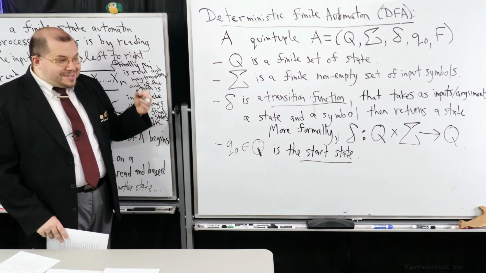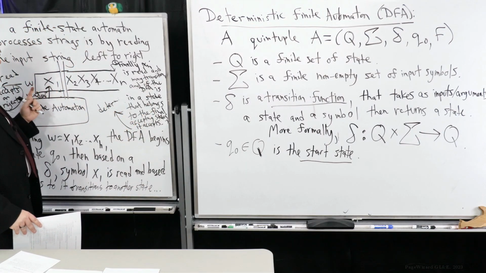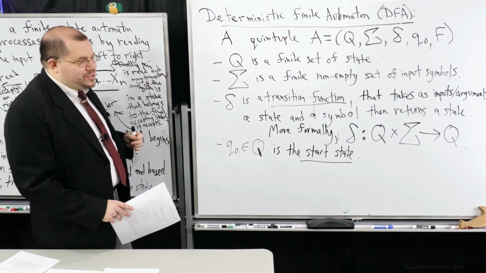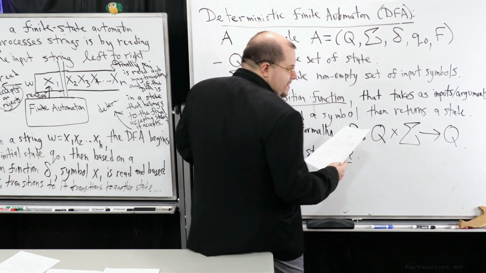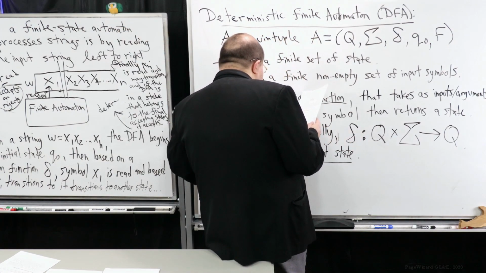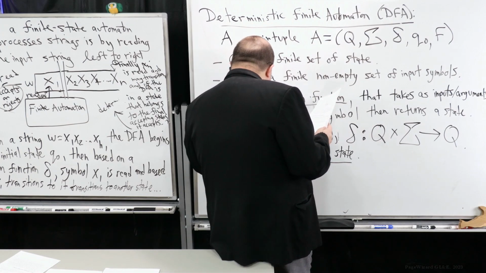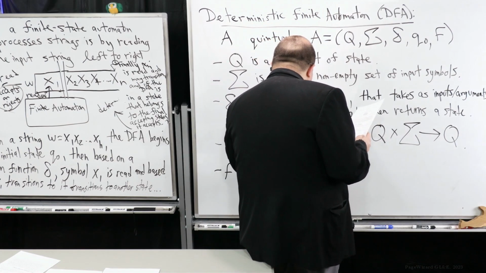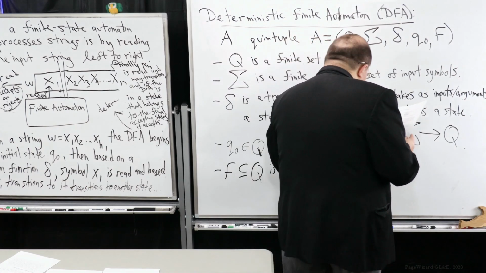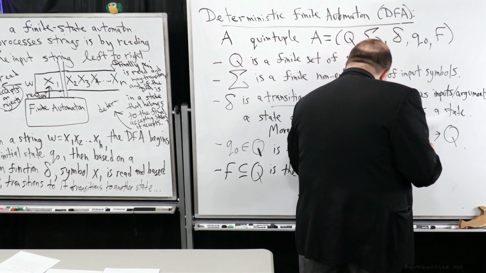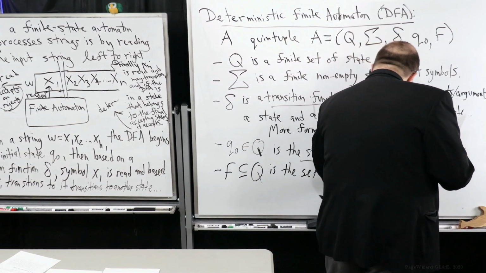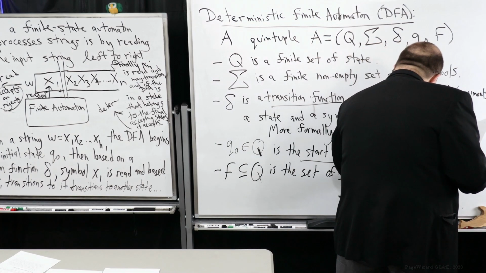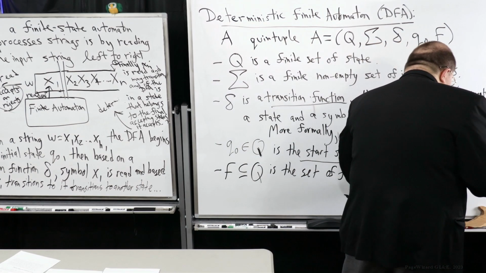Once this starts up, it's going to go from the start state to potentially other states. Then finally, F, which is a subset of the states, is the set of final or accepting states. Either term is fine to say; it's pretty common to use either one.